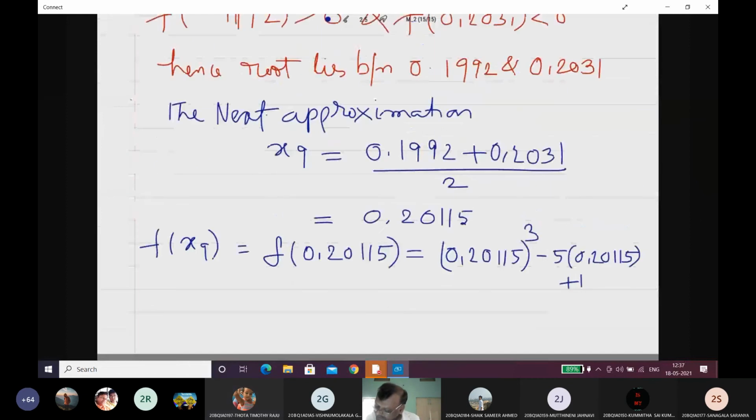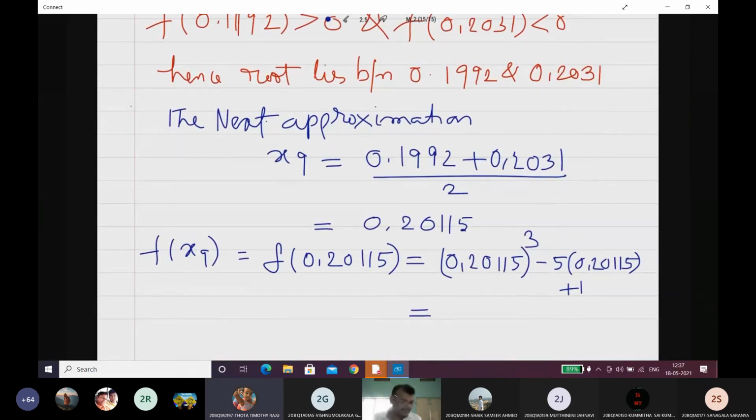What is its value? 0.002388. Right. This is positive. So again the value at 0.2031 is negative and at 0.20115 is positive. Therefore, the root lies between these two.